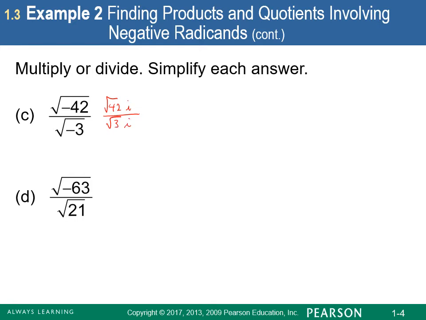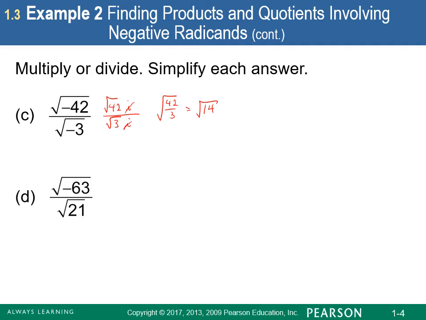Now the good thing about using the i for the imaginary unit is we can treat these just like we do variables. In other words, the i's would cancel and we'd just have the square root of 42 divided by the square root of 3, which we can now combine together into a single fraction. And 42 divided by 3 happens to be 14. And so that's our answer.